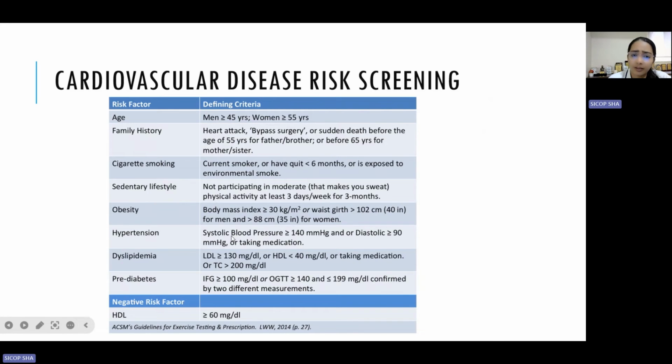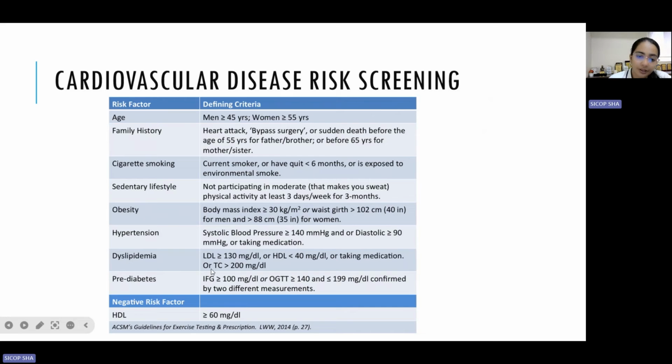Hypertension: systolic BP more than 140 and diastolic more than 90 mmHg. Then dyslipidemia, for which we see the LDL, which is more than 130 mg per dl, or HDL, which is less than 40. HDL is the good cholesterol, so it has to be more than 40 mg per dl.